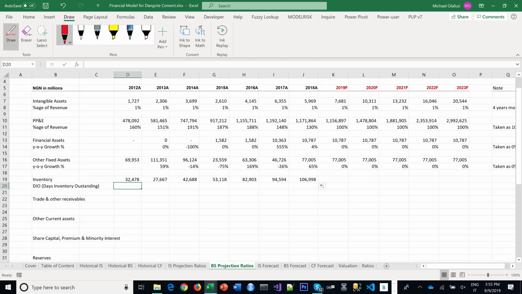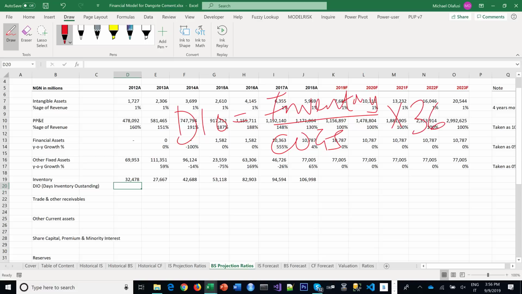what the formula is. So DIO, days inventory outstanding, is equal to your inventory over your cost of goods sold, because that's what is tied to your, when you sell off, when you convert your inventory to sale, it is the cost of goods sold account that is the balancing side of that transaction, then times how many days in a year. So typically we use 365 days, and so I'm going to do exactly that.